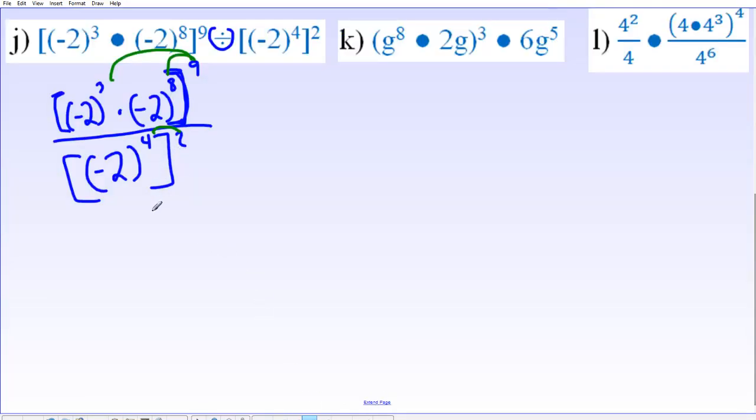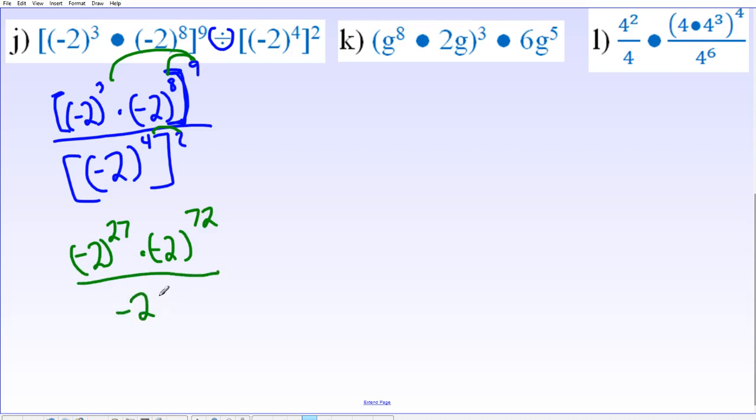So up top, I'm going to have negative 2 to the 27th power, 9 times 3 is 27, times negative 2 to the 72nd power, 9 times 8 is 72, all over negative 2 to the 8th power, 4 times 2 is 8. Okay, it's a little bit prettier. I'm going to simplify the top, and then worry about my top and bottom.